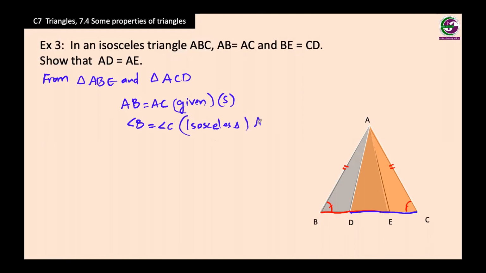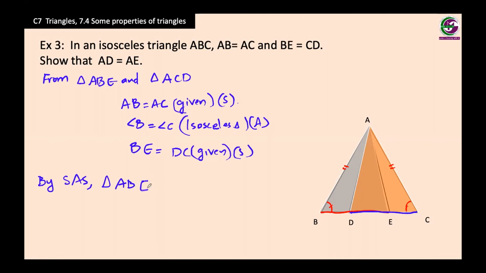So we have an angle now. Side BE is equal to side DC. It's given. So now we have by SAS, triangle ABE is congruent to triangle ACD.